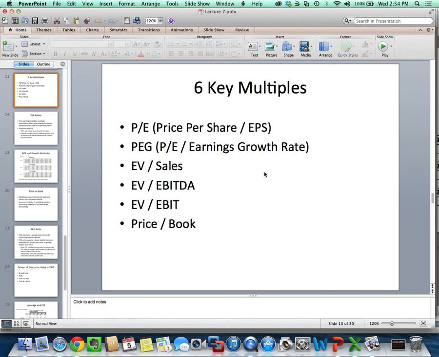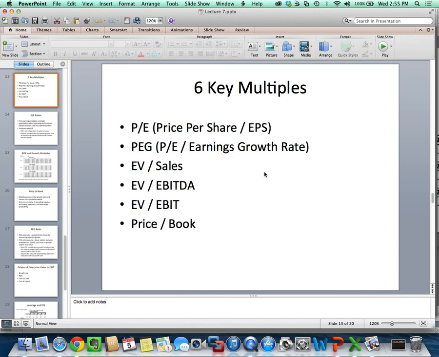A price to book of 1, in theory, is indicative of 0 spread. A price to book above 1 means you've created value, means you've added something to it, positive expected spread. And a price to book below 1 is a negative expected spread. So price to book, just like PEG, is probably the cleanest ratio for inferring ROIC. Price to book is the cleanest ratio for inferring spread, expected spread of the industry.